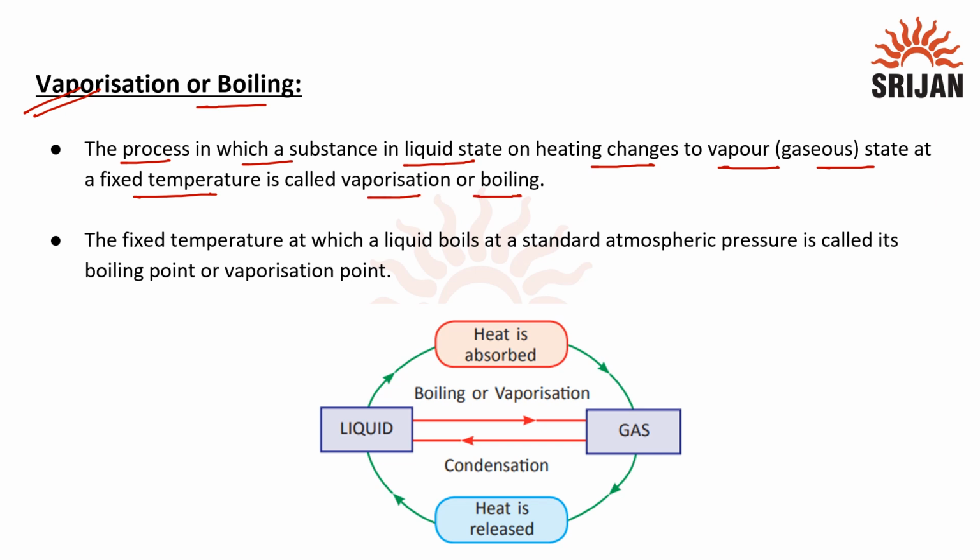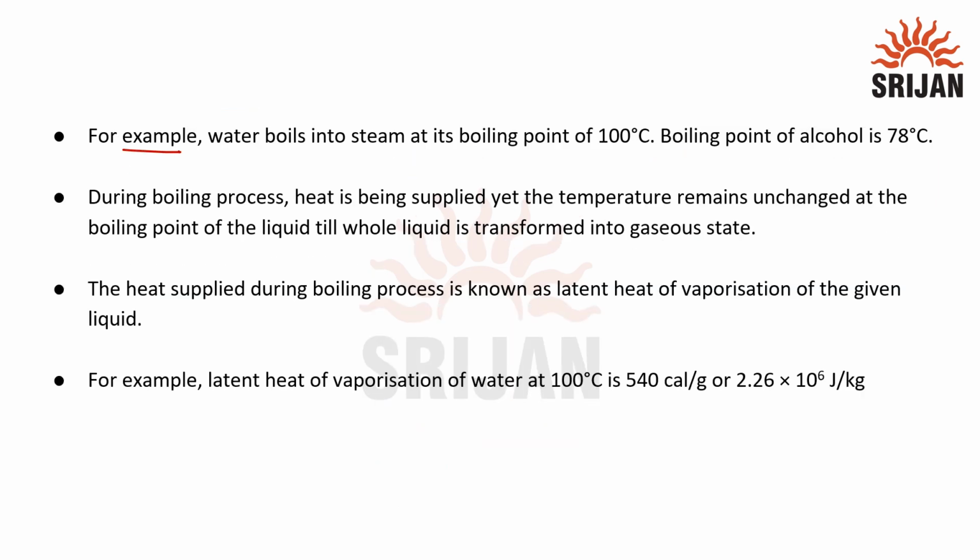Here we can observe that liquid is getting converted into gaseous state on boiling or vaporization, and in this process heat is being absorbed. The fixed temperature at which the liquid boils at standard atmospheric pressure is called its boiling point or vaporization point. For example, water boils into steam at its boiling point of 100 degrees Celsius.